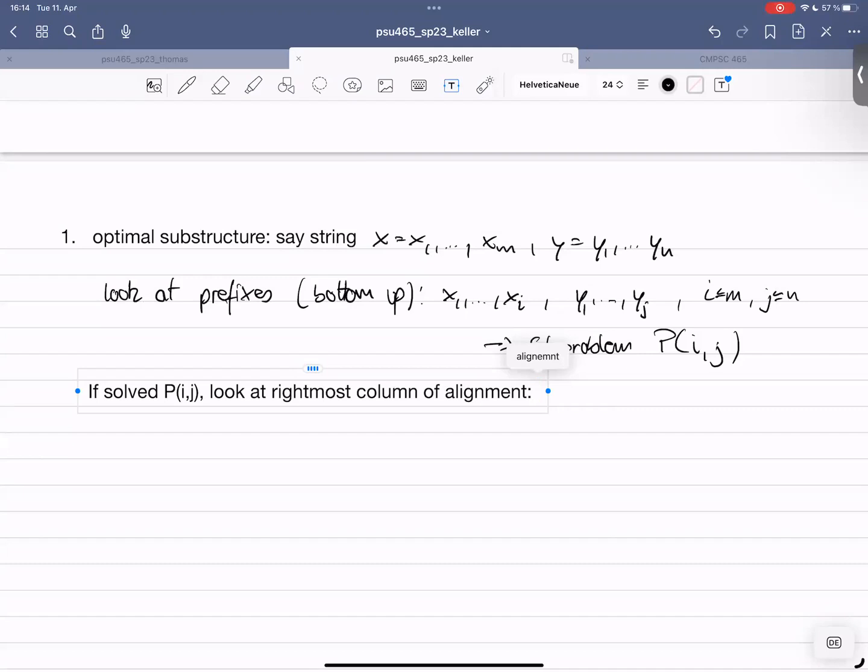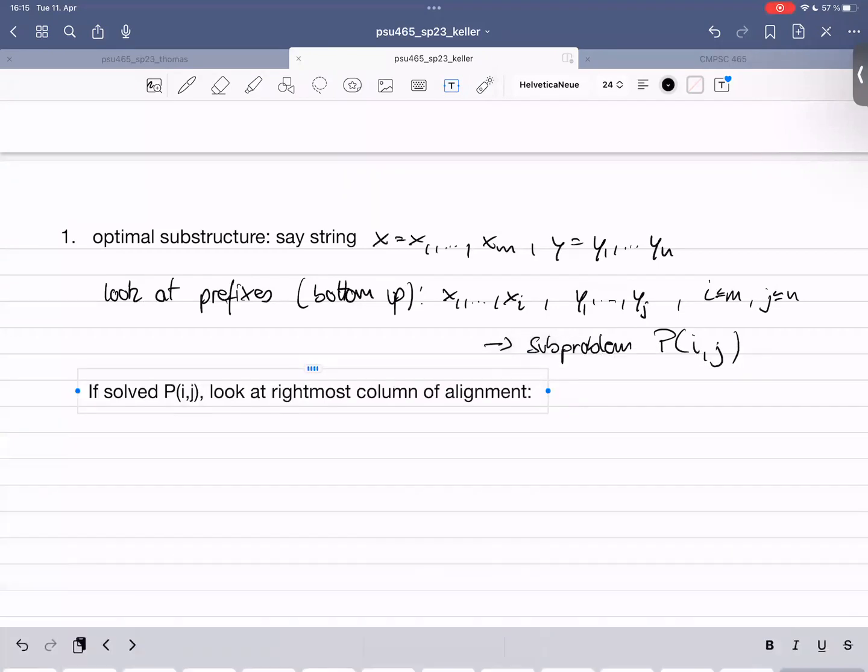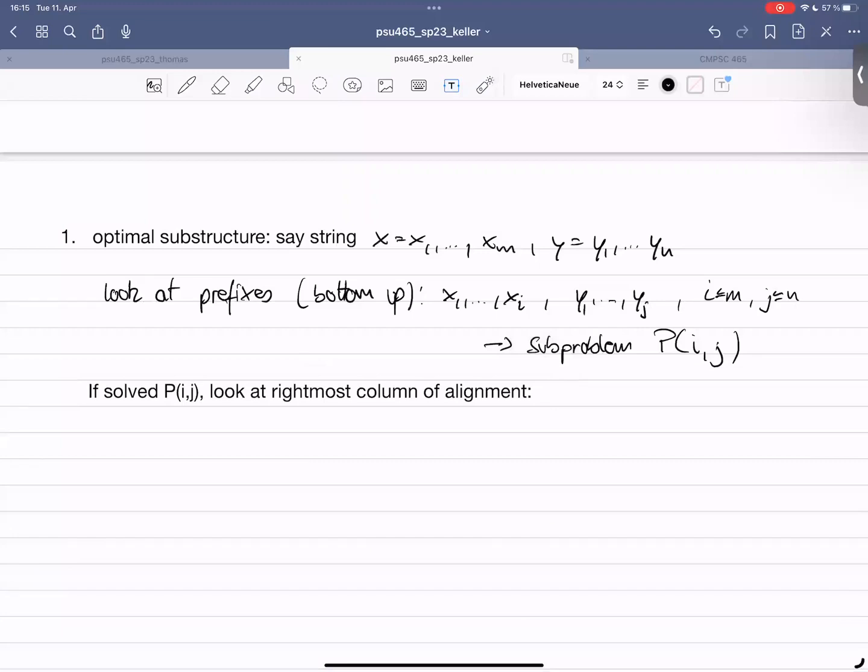So without looking at what x and y look like in this case, what would the alignment do? The alignment has three choices, right? We said we can either put xi on top of yj. Let me write this down. Or we can align each one of them to a gap symbol in the other. So the last column of this alignment will have one of the three following structures.